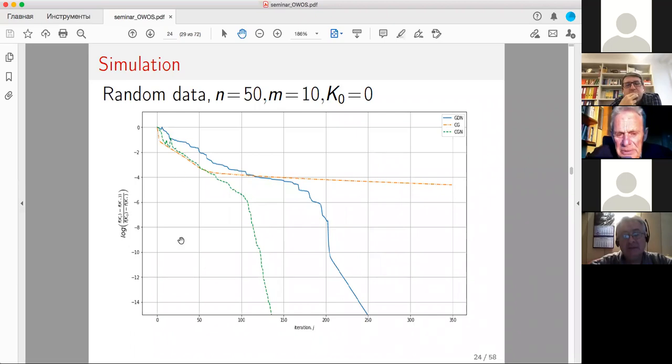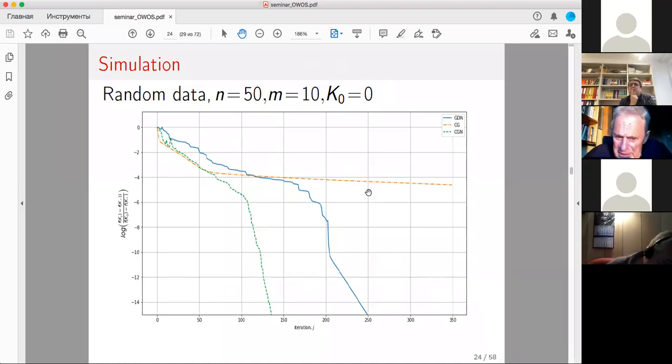Here is the result of a simulation, and this is random data. The dimension of the state is 50, the dimension of control is 10. We start with A, which is Hurwitz stable, so the initial K0 is stabilizing.